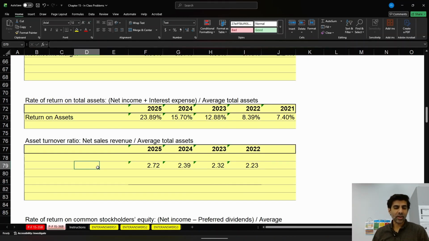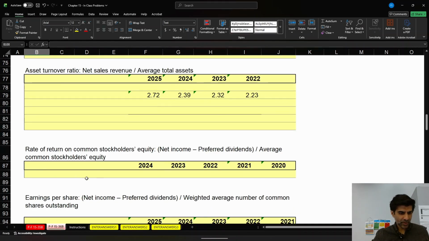You can see that your asset turnover ratio is also increasing, meaning that you've been better at generating sales revenue using your assets. So this company clearly is performing better over time. We can see it in all these different ways. Okay, so let's keep going here.